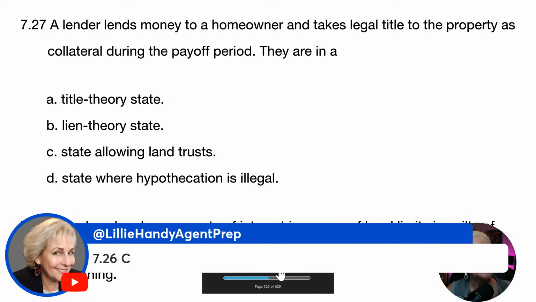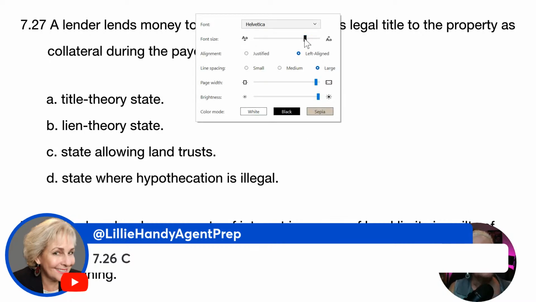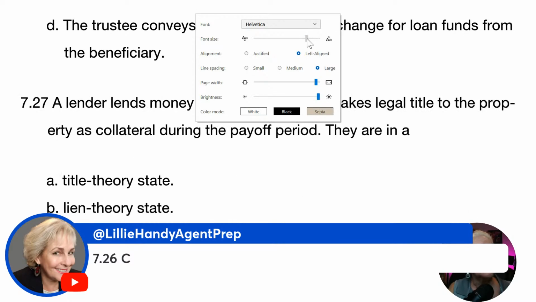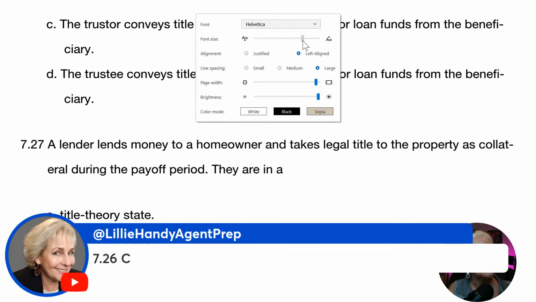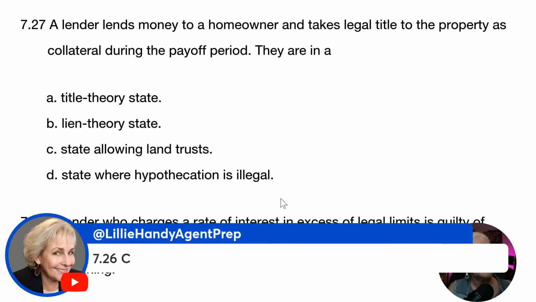Number 27. A lender lends money to a homeowner and takes legal title to the property as collateral during the payoff period. They are in what kind of a state?